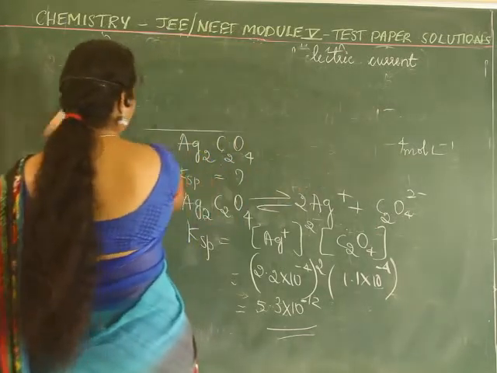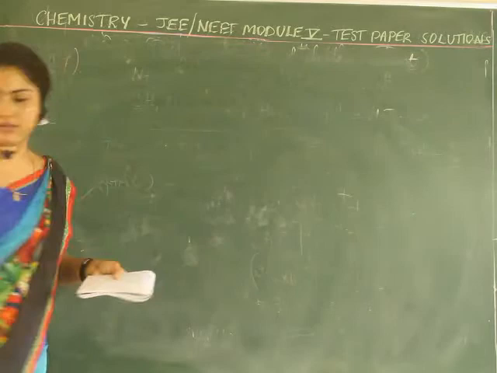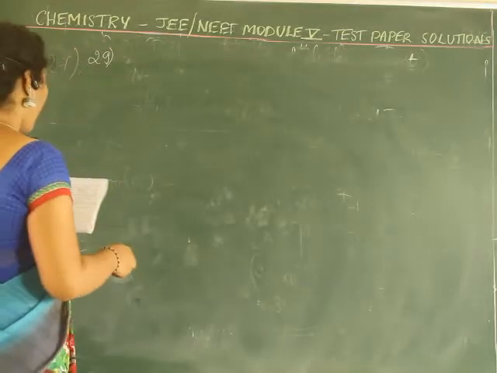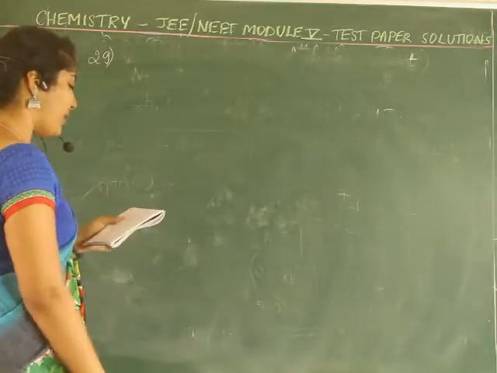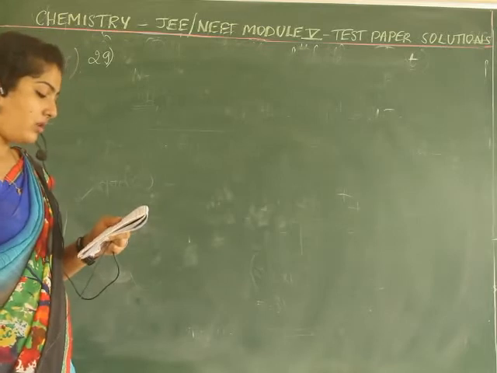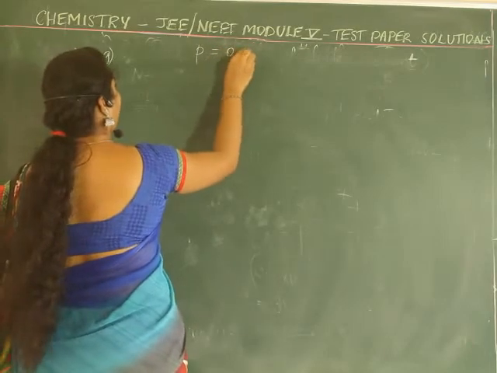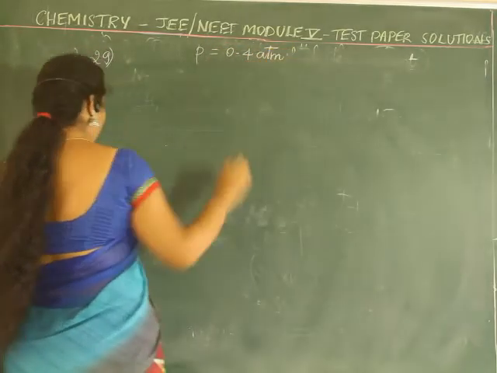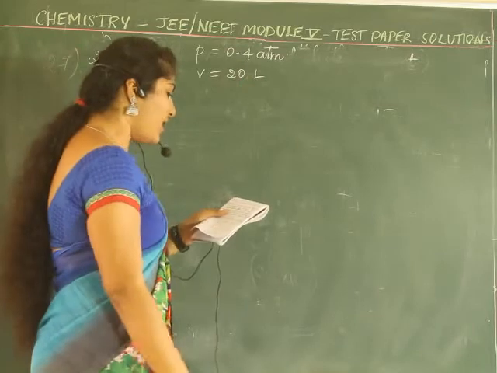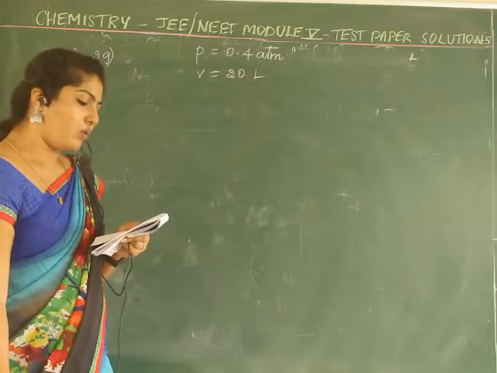Next, 29th question. A 20-liter container at 400 Kelvin contains carbon dioxide at a pressure of 0.4 atmosphere, and an excess of SrO, strontium oxide.